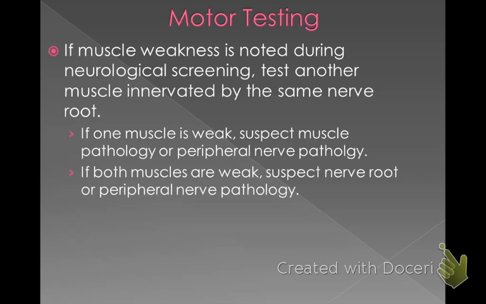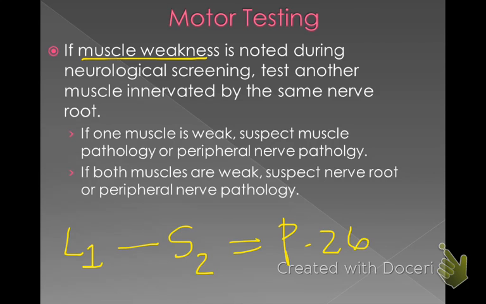When we do this, we want to be systematic. We're going to assess L1 all the way down to S2 in terms of motor. Again, on page 26, you will find that each nerve root L1 through S2 has a different motor test.